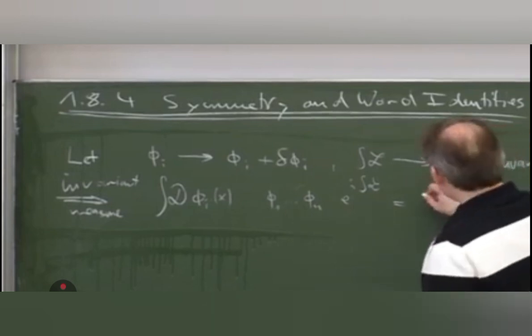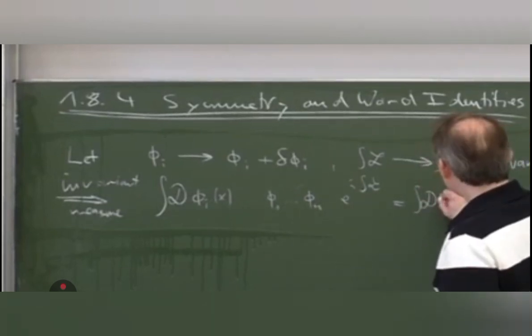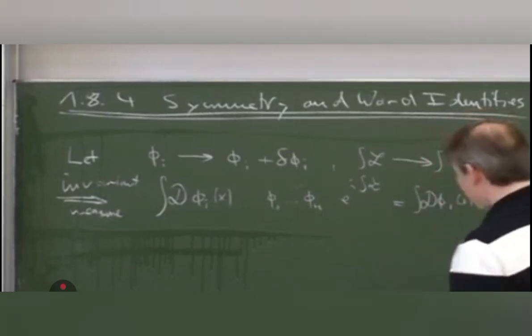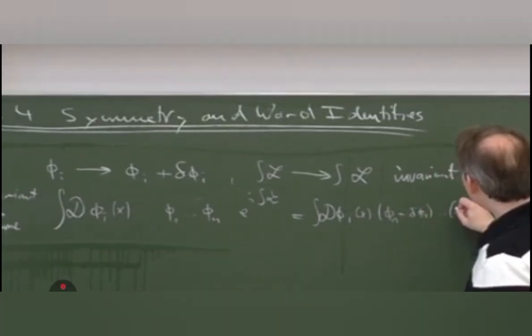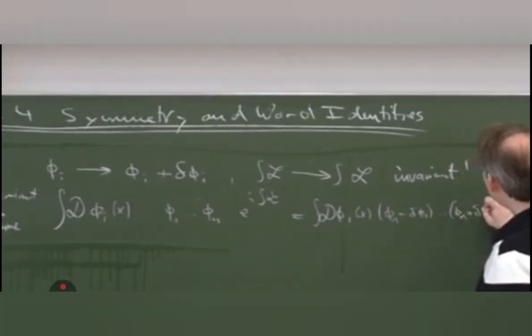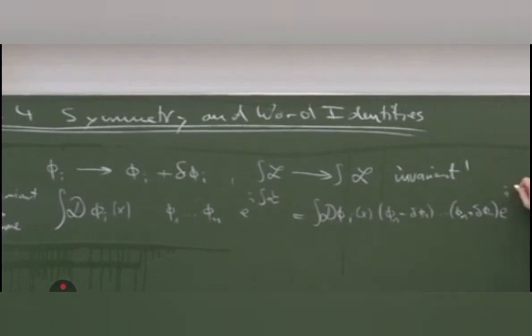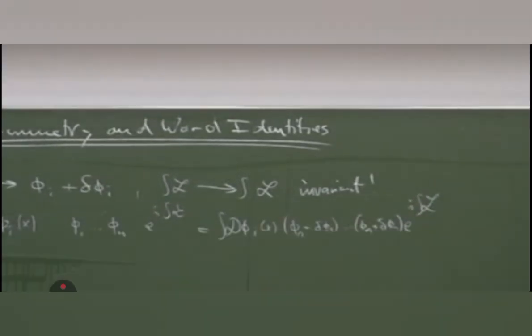We have the same d phi_i of x, but here we have now phi_1 plus delta phi_1 and so on up to phi_n plus delta phi_n, and in the action we have e to the i times the same action because the action is invariant.